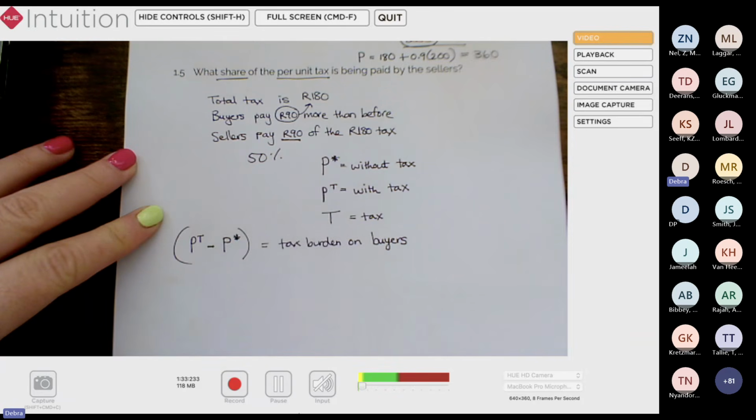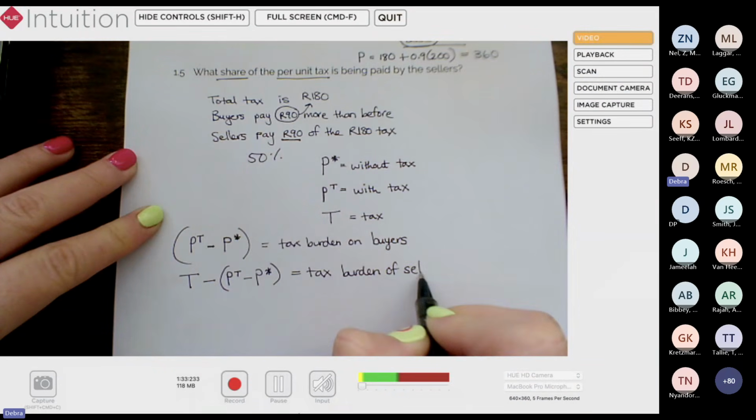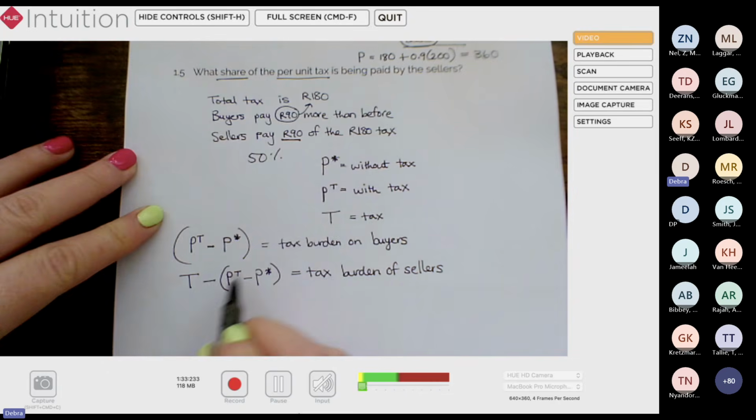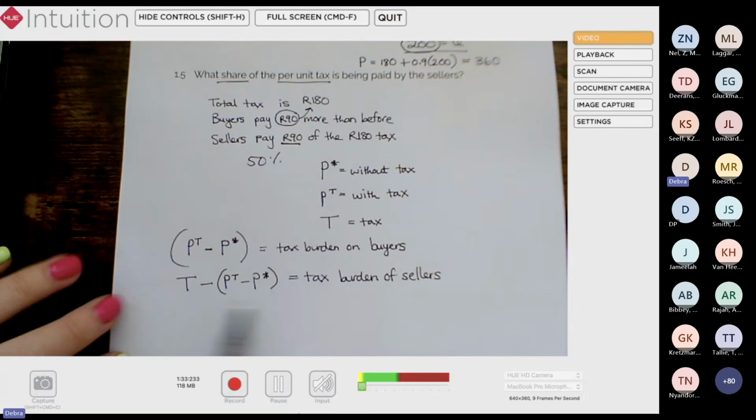If I deduct this from the full tax, that tells me the tax burden of sellers. So if I take the tax burden of buyers and subtract it from the total per unit tax, that gives me exactly the part of the tax that sellers are having to pay.